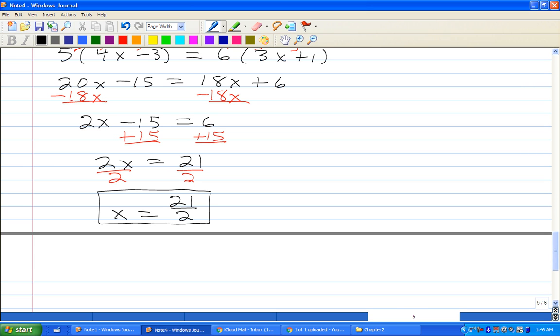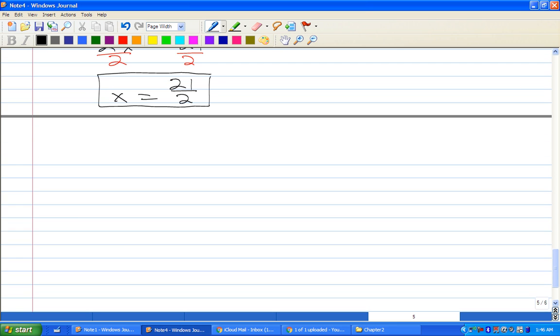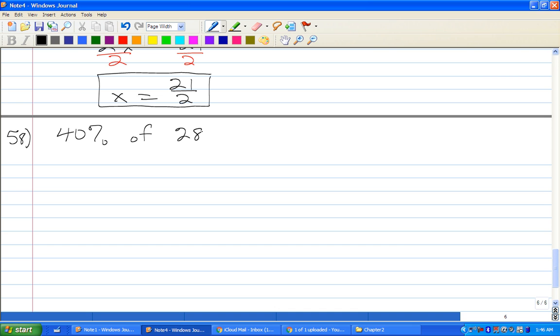In exercises 56 through 70, use the percent proportion or percent formula to evaluate the expression. Problem 58. 40% of 280 horses.